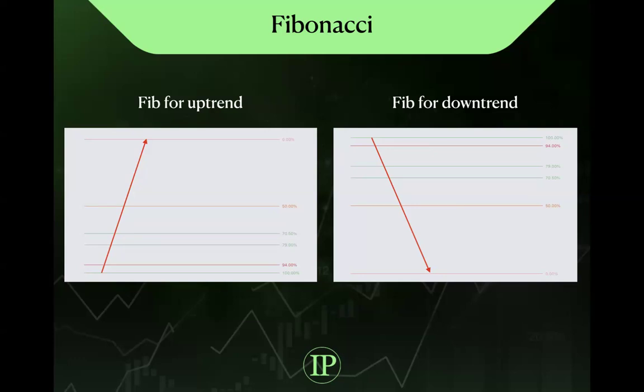Now, I hope that you can see the lines on the chart going horizontally. On the top for the fib for an uptrend, you will see 0.00%, and right at the bottom, you will see that it says 100%. In the middle is 50, then we have my numbers that I've seen get touched more than any other pullback percentage out there.